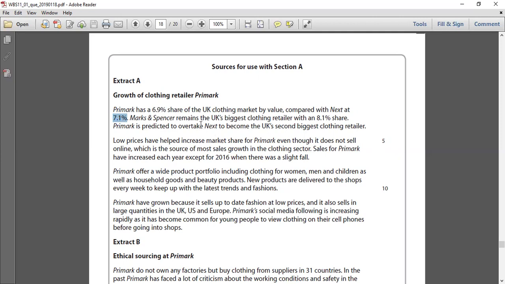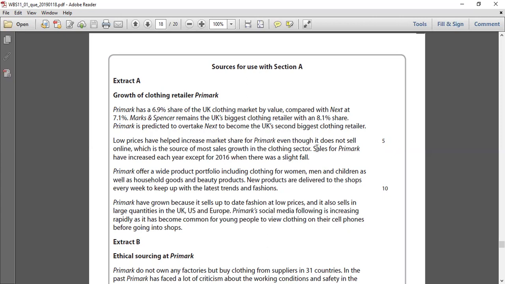You can underline these names: Marks and Spencer, the UK's biggest clothing retailer with 8.1% market share. Read with some kind of idea, and use that knowledge and those application skills when you're writing answers. Therefore, Primark is predicted to overtake Next to become the UK's second biggest clothing retailer.